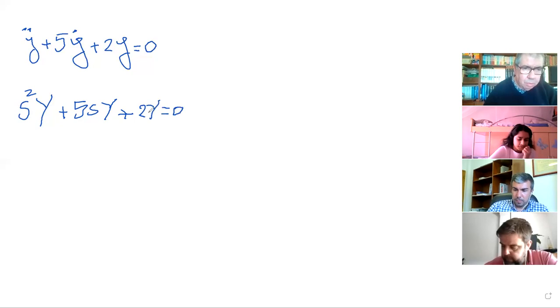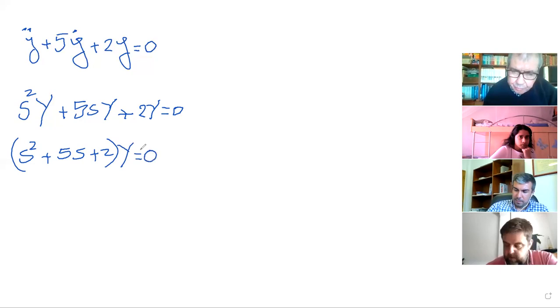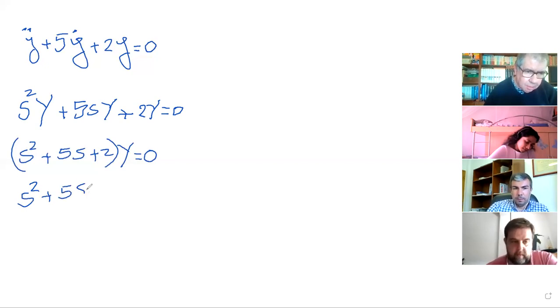So you can put Y in evidence, so you get s squared plus 5s plus 2, times Y, equal to 0. Since Y can be anything, it must be that s squared plus 5s plus 2 is equal to 0.